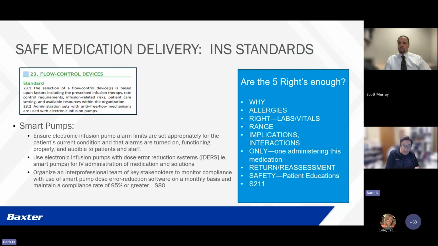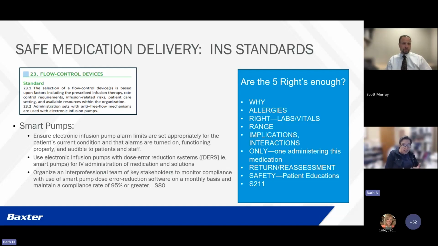Is it the right time to be giving a blood pressure-lowering drug to this patient? Well, no, his systolic pressure is 90. Or am I treating a high heart rate with low pressure for the right reason? Maybe, but if they're severely septic and the tachycardia is compensatory, then that's the wrong thing to do at that time. Nurses need the critical thinking ability to apply: is it the right time, the right indication, the right labs, the right vitals?